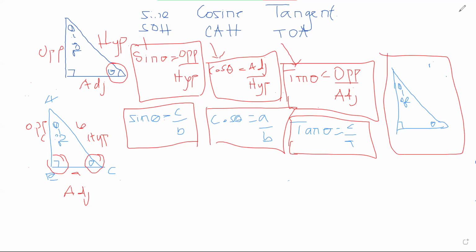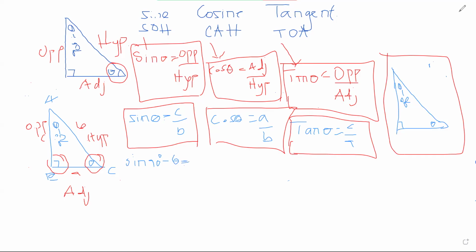So still repeating the same trigonometry ratios. We're going to be having sine, cos, and tan, but it is not theta any longer. Our given angle is going to be 90-degree, let's not forget that, minus theta.